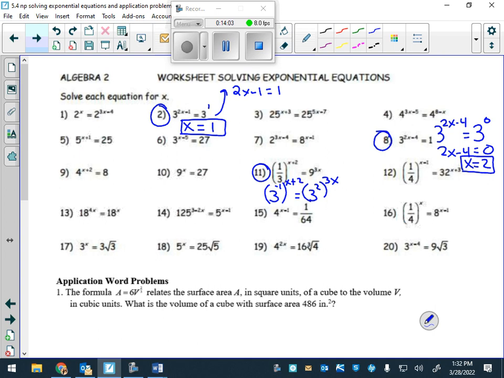So now that my bases are rewritten, I can multiply: -x minus 2 equals 6x. What do I get for an answer for number 11?